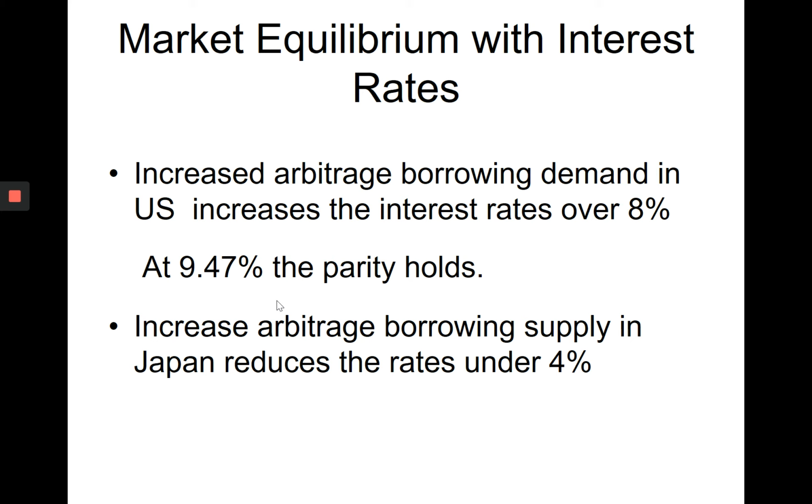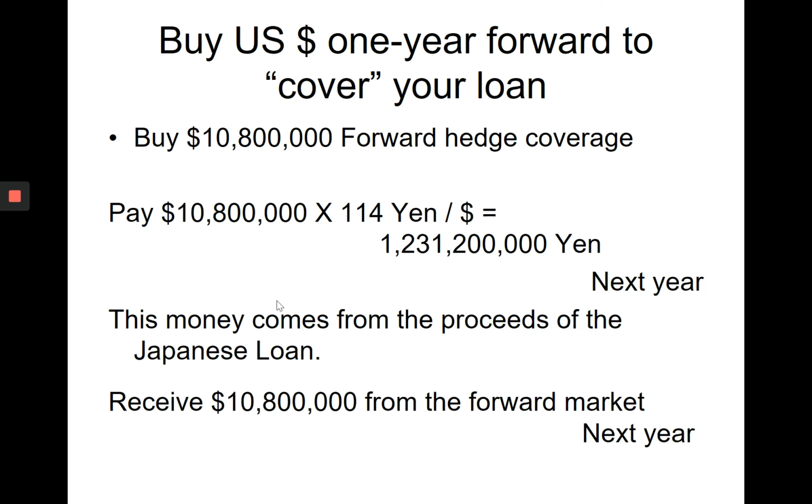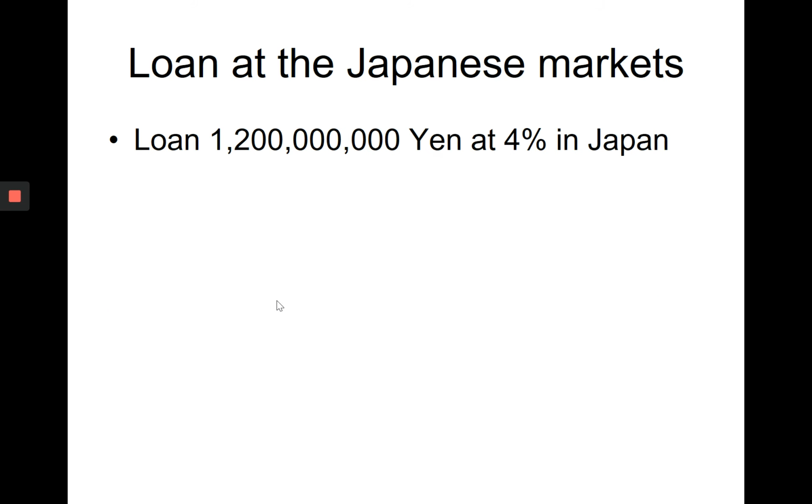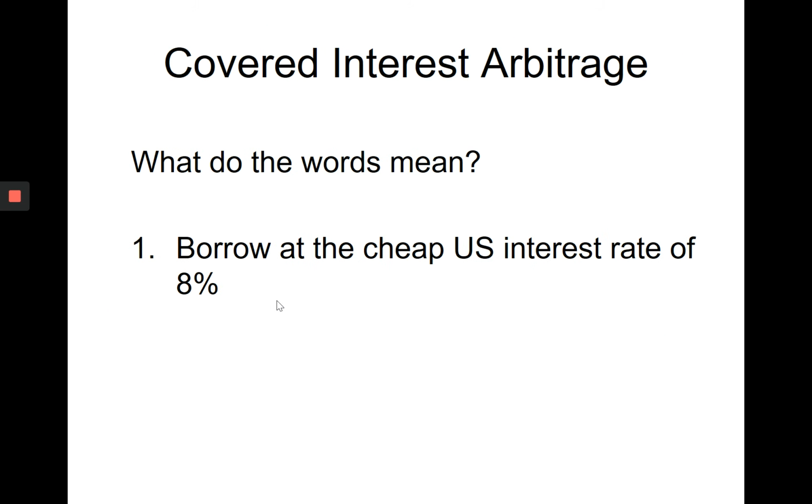If you place an x for this 8% in the equation and keep the other numbers the same, the interest rate parity would hold at 9.47%. This is a good exercise to do. I go back to the interest parity equation that we had a while back.